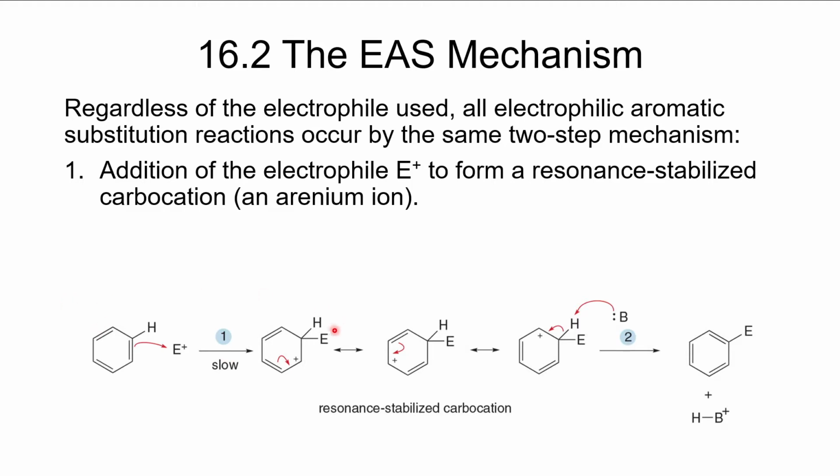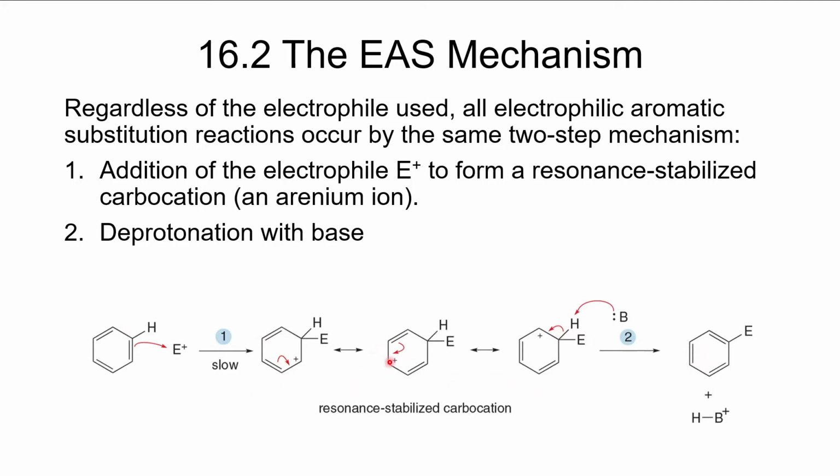That's going to create a resonance-stabilized carbocation. This type of carbocation that's resonance stabilized like this, we refer to as an arenium ion. I don't know if your book uses that term, but that's the term that's used in most textbooks. So this is the arenium ion. That's the first step. And then in our second step, we deprotonate the hydrogen with a base to reform the aromatic ring.